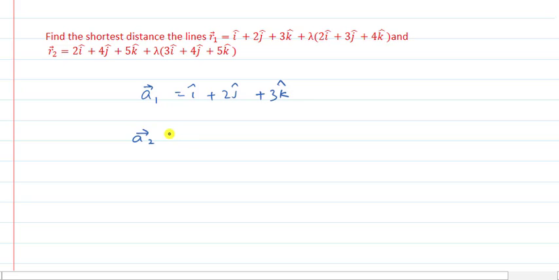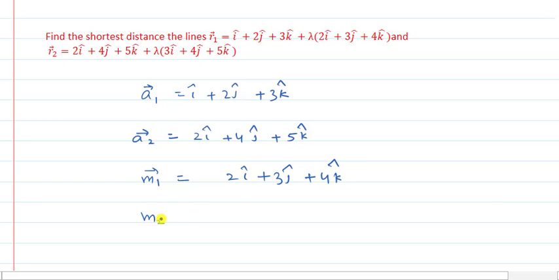Then A2, the position vector of the passing point of line 2, is 2i cap plus 4j cap plus 5k cap. Next we need to identify M1 and M2. M1, the direction ratios of line 1, is 2i cap plus 3j cap plus 4k cap, and M2, the direction ratios of line 2, is 3i cap plus 4j cap plus 5k cap.